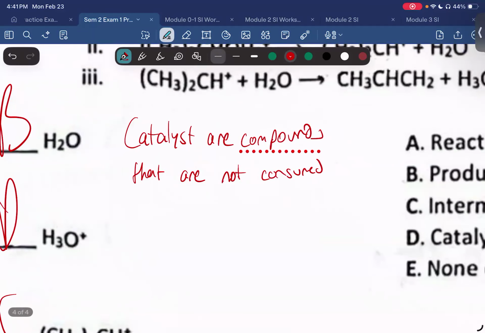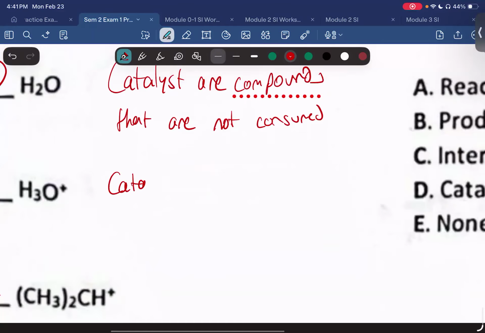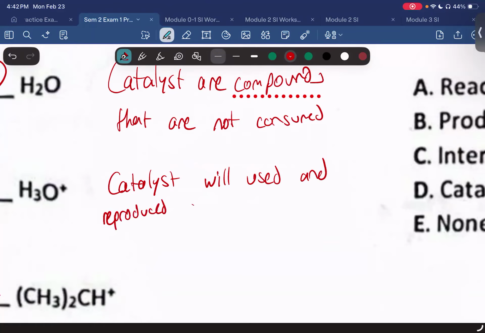Intermediates, I don't really know a specific definition for that, but in terms of this reaction mechanism, all you need to know is that catalysts will be used and reproduced at the end. That's what you need to know for the reaction mechanism.